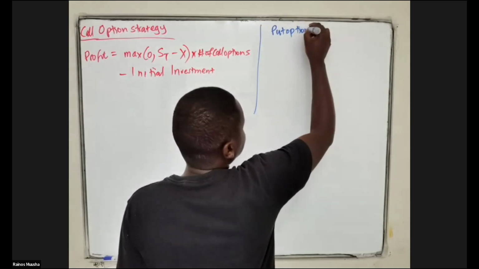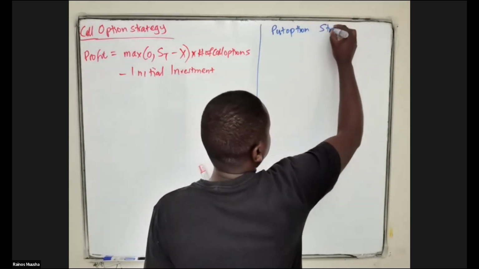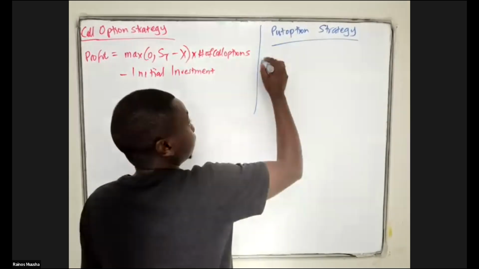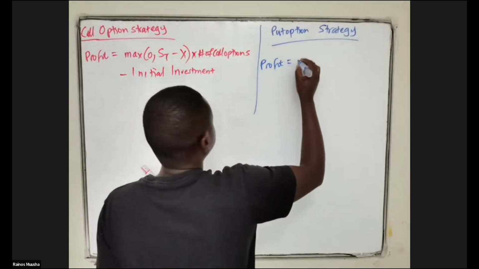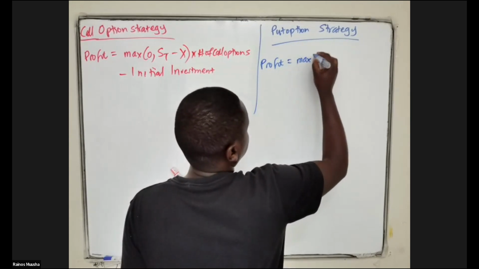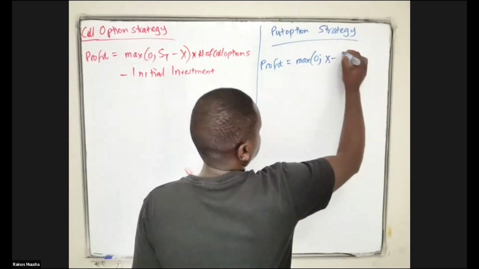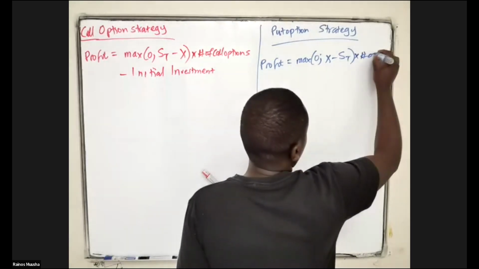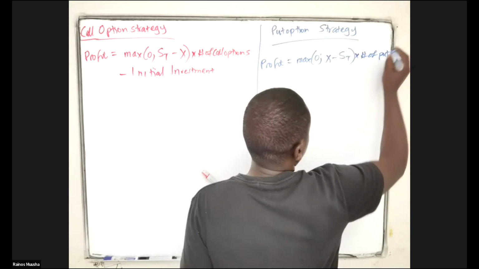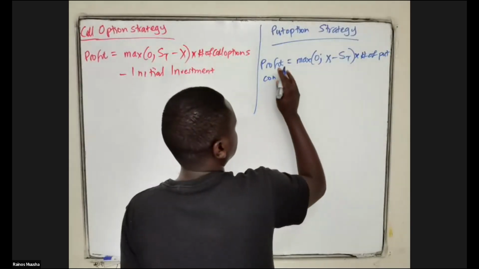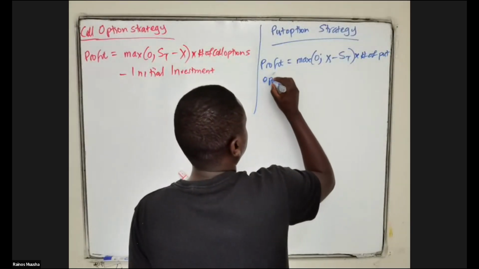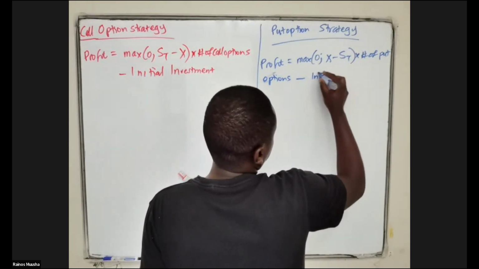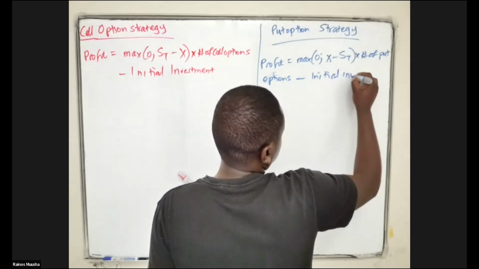In case they try to make it difficult and give you the information regarding the put option, the profit would be given as the maximum of 0 or exercise price minus the spot price at expiration, times the number of put option contracts, or the number of put options, minus the initial investment.